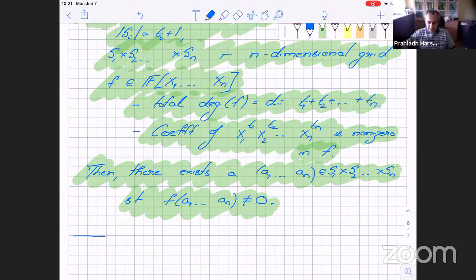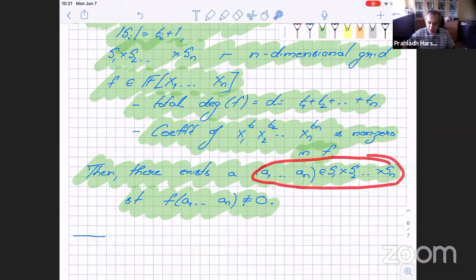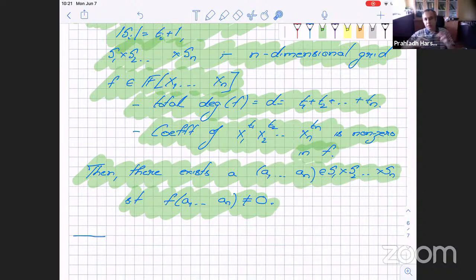But I'm claiming there is a point within the grid in which its value is non-zero. The polynomial could be defined on the entire space, not necessarily only on the grid. So the polynomial is defined all over F to the n, where F could be an infinite field, finite field, I don't care.